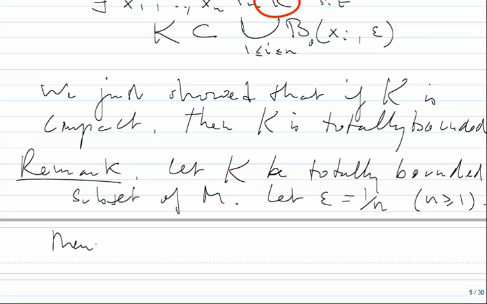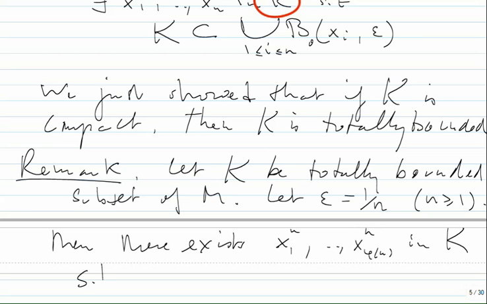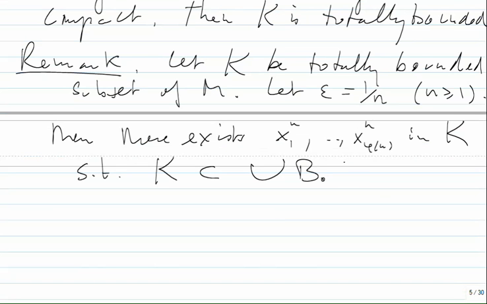Then, by definition of totally bounded, there exist x_n1, ..., x_n phi(n), in other words finitely many points in K, such that K is a subset of the union of the open balls B(x_ni, 1/n), where i is between 1 and phi(n). So this is just the definition of totally bounded.